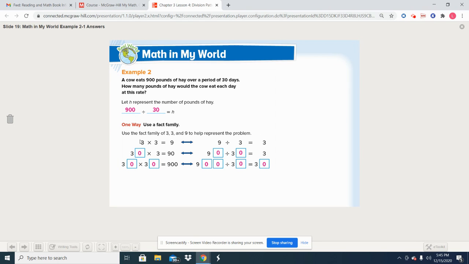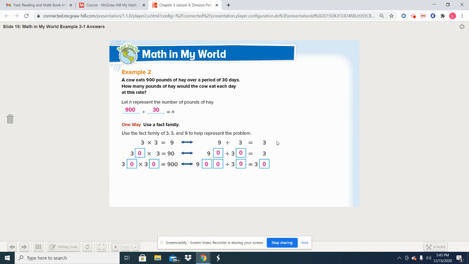We're just using the same three numbers. So you see 3 times 3 equals 9. To divide, the related fact for division would be 9 is the dividend. You take the greatest number and then you divide by one of these two factors.